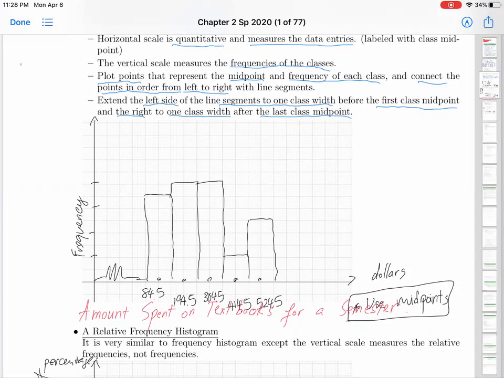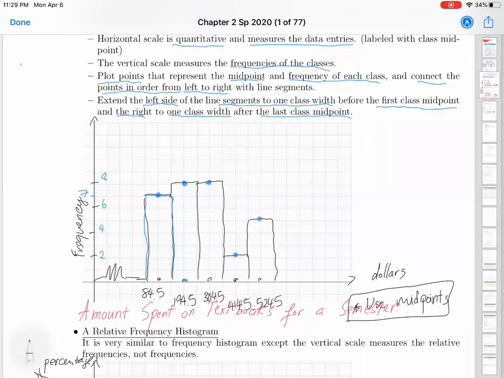So now I know that here is my first class, and this is a point that corresponds to the midpoint of the first class, and also the frequency of the first class. It's 2, 4, 6, 8. And I move on to the next class, I have a point that corresponds to the midpoint and also to the frequency of that class. And I will create a point for each class.